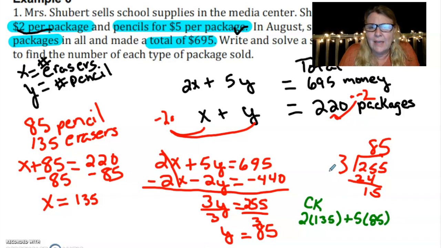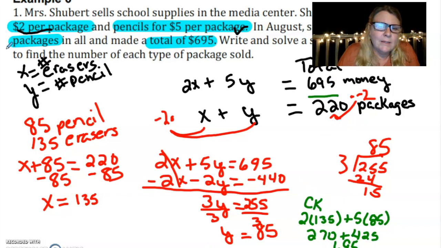Now, when we add those together, hopefully we're going to get our $695. So if we double that, that's going to be 270 plus, what are we going to get here? That's going to be 40, and that would be 400, and then 25, so 425. When we add those together, that gives me 695. And that's what we wanted in our money.